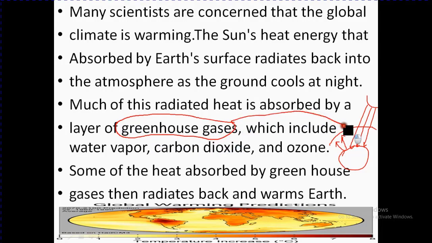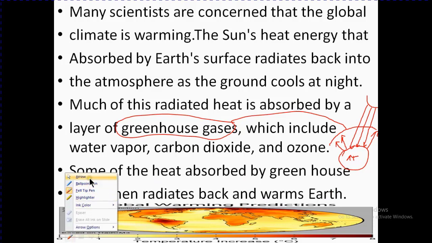These are the greenhouse gases layer. They don't allow these radiations to be emitted back, so these are trapped. In this way, the temperature of Earth becomes more, so its temperature goes high. The gases radiate back and warm the Earth. In this way, you can see that the Earth is going to become warm. It gains temperature.